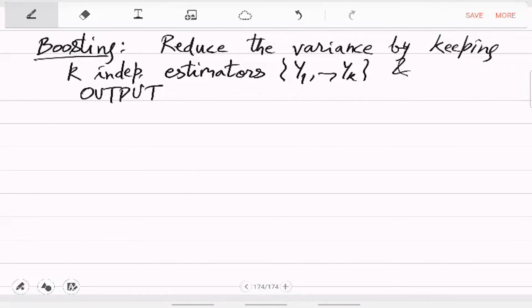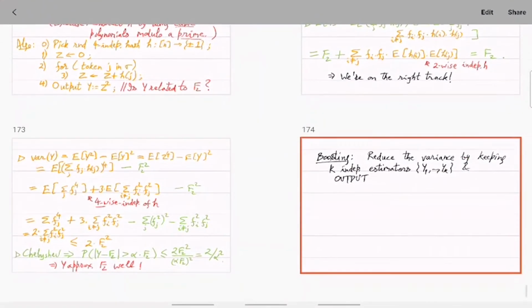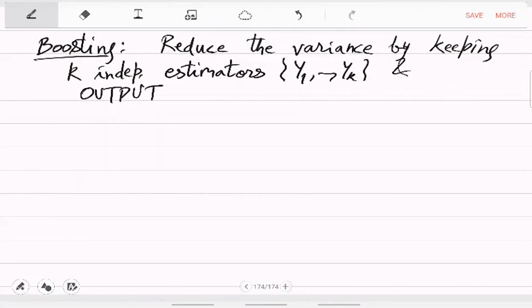So, in the previous algorithm, in example 1 you outputted the median. Here what you want is this Chebyshev bound to improve, right. So, you want a smaller variance. So, what you do is you actually take an average of y1 to yk. So, output y prime, which is the average. So, not the median. Okay, you output the average.